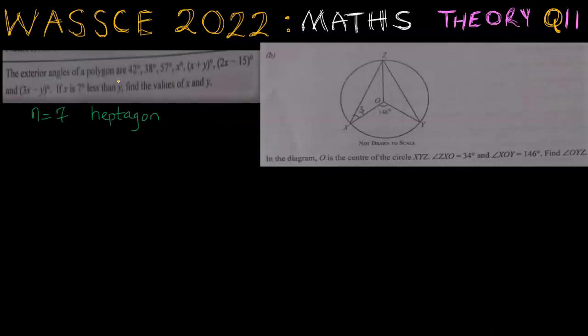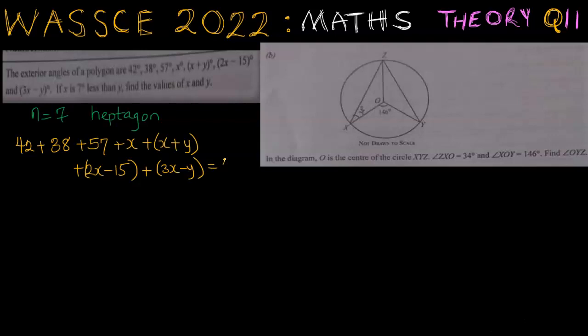Thus, if we add all 7 angles, 42 degrees, add that to 38 degrees, then 57, then x degrees, then x plus y, then 2x minus 15 degrees, and the final one, 3x minus y, we should get 360 degrees.